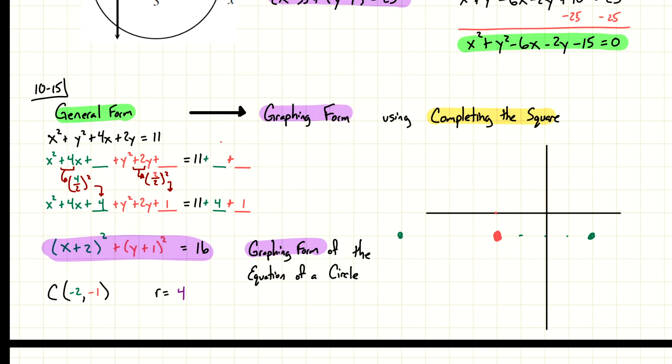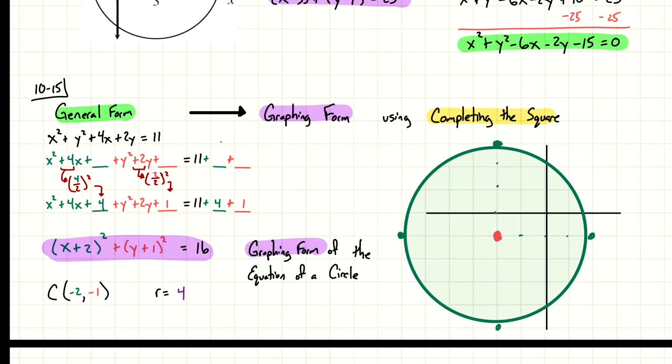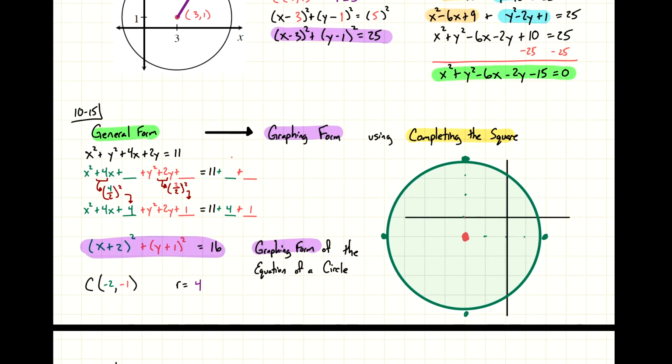So 4 units in every direction. And then we should hopefully be able to trace a circle, something like that. Alright. And that would be an idea of what the circle looks like.